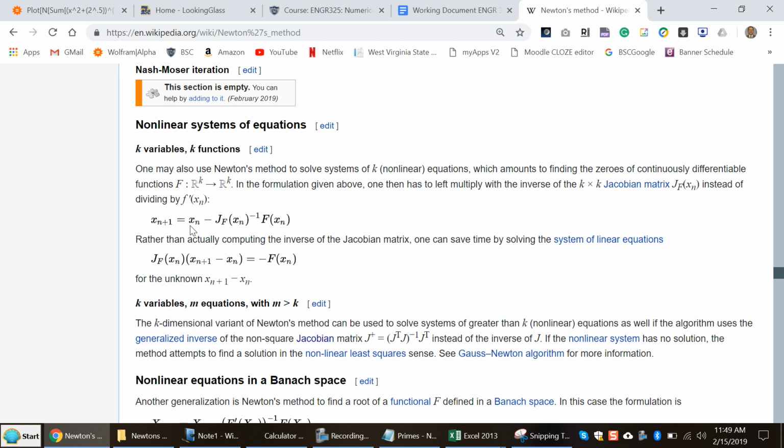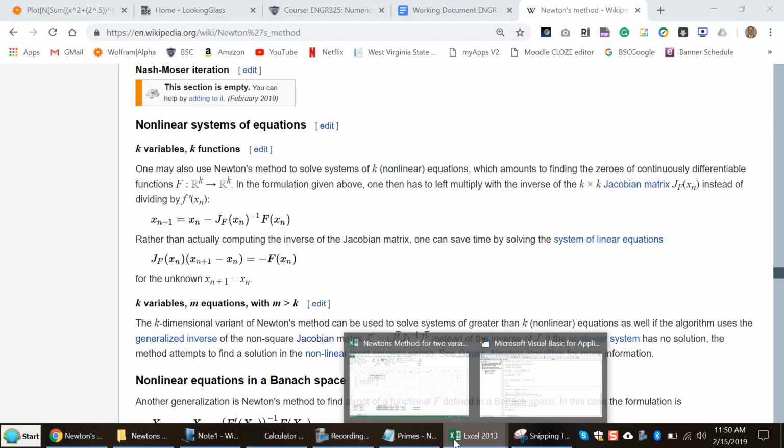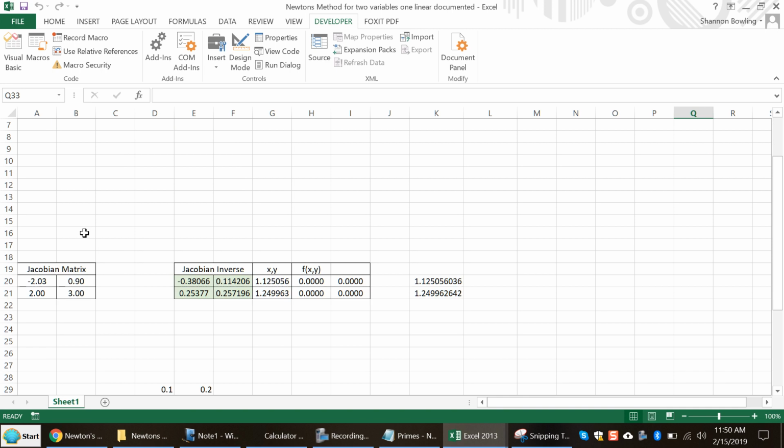You take that guess and you subtract the inverse Jacobian matrix times the function evaluated at x and y, or xn. All right, and this is real easy to do. We've already covered how to calculate the Jacobian matrix, right? We know how to do that. Now we're just going to calculate the inverse of the Jacobian matrix.